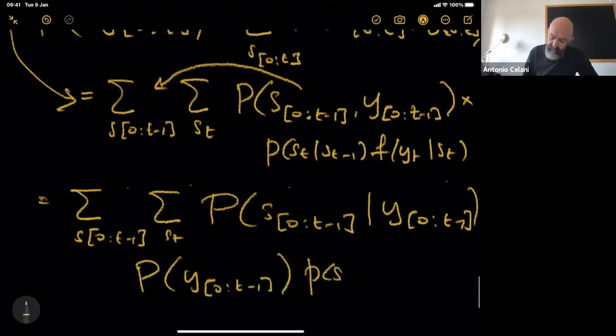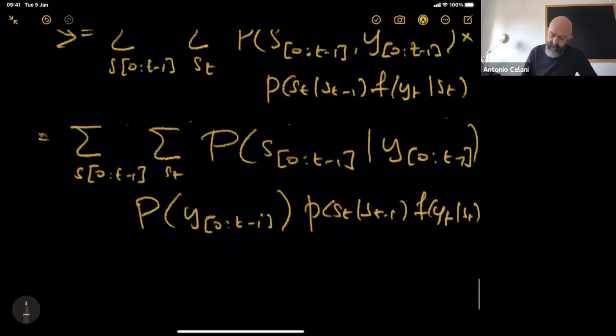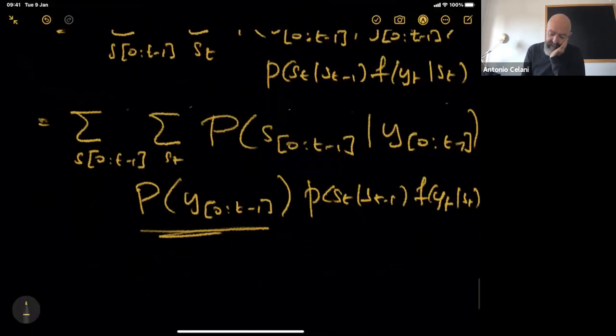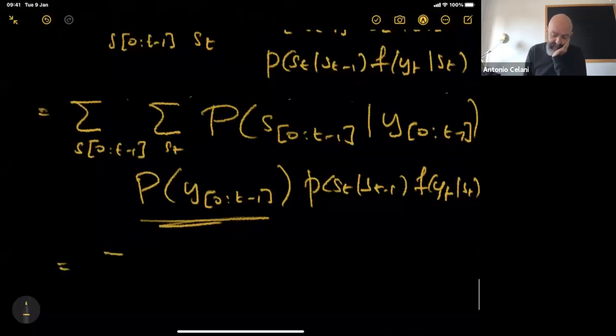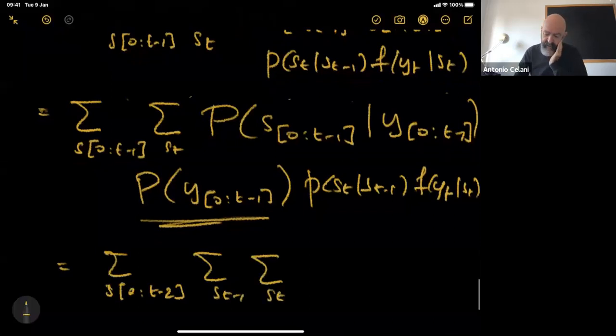And then I have the probability of st. Okay, this one is correct. So this object here is the one which can go out of the sum, and here this sum is further split into the sum over states until t minus 2, the sum over s t minus 1, the sum over st.